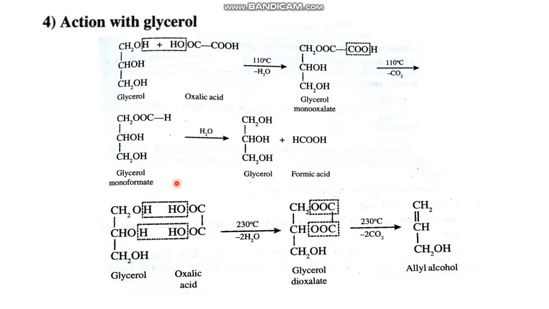So the reaction of this oxalic acid with glycerol depends upon the temperature of reaction. At 110 degrees Celsius we get formic acid, and when we heat oxalic acid with glycerol at around 230 degrees Celsius, we get allyl alcohol.